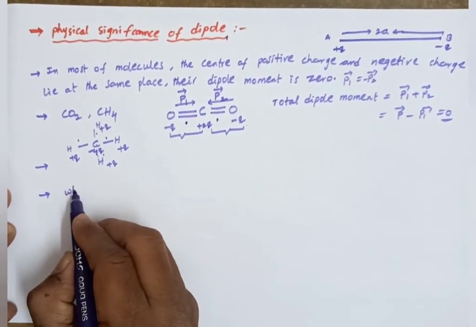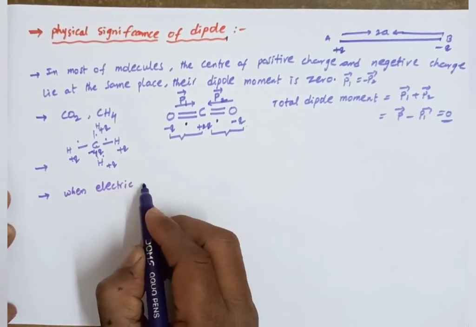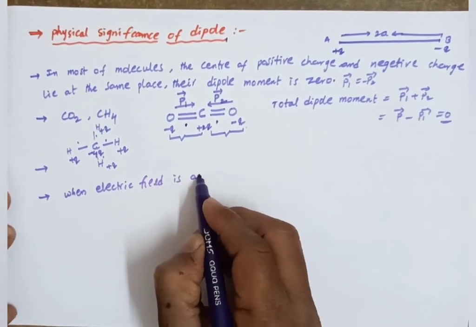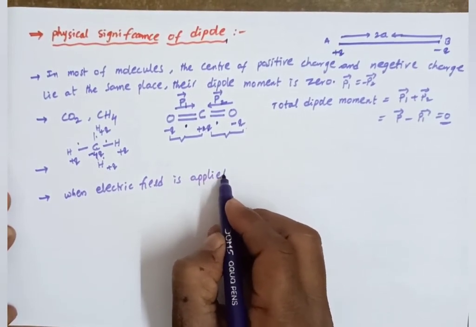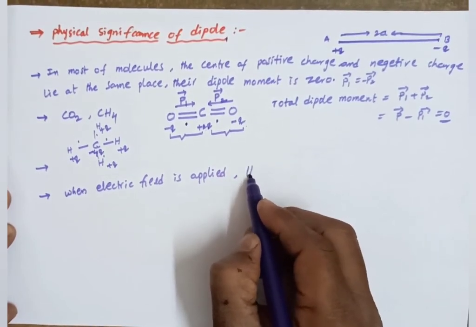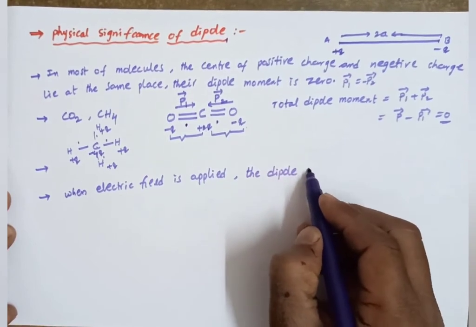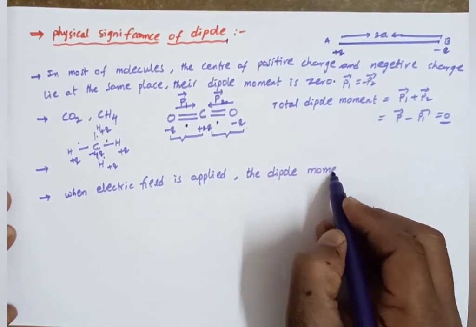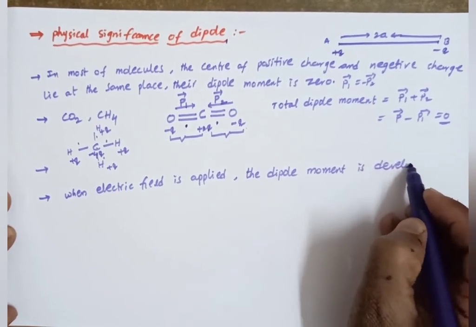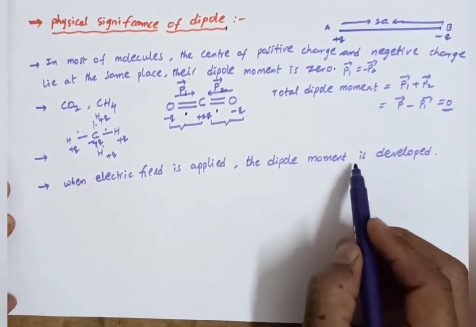So when an electric field is applied, the dipole moment is developed. The net dipole moment is developed.